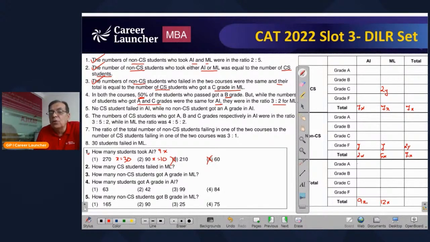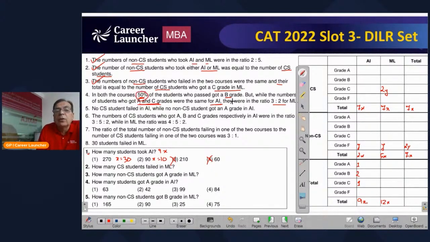So if one student got the grade of A in AI, one student will get grade C in AI also, because it says number of students who got grade A and C are same. That means the number of students who get grade B in AI will be double, because this is 50%, right?